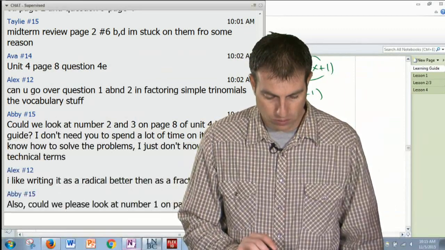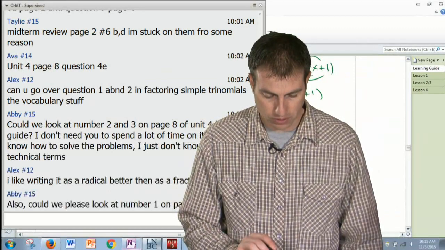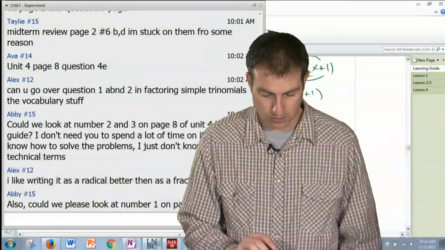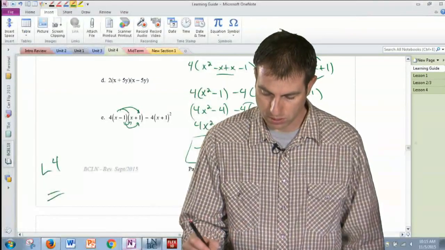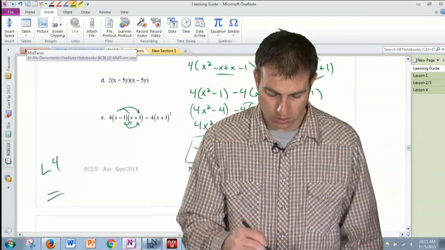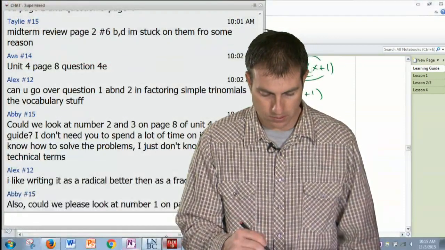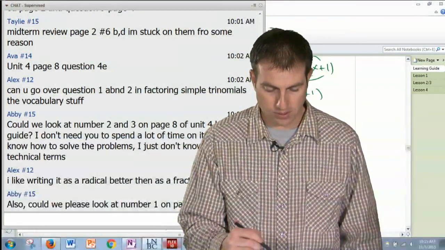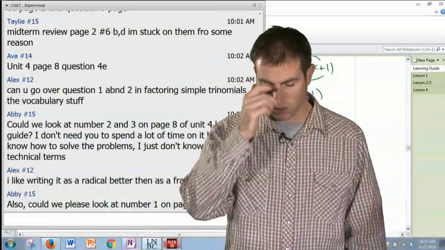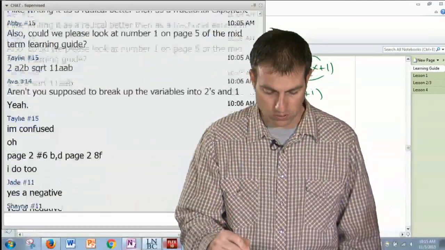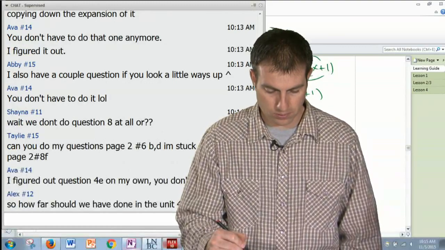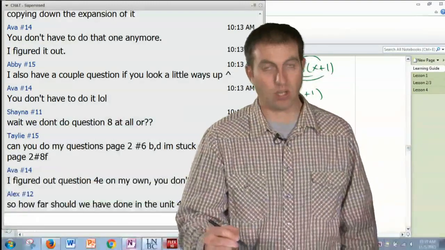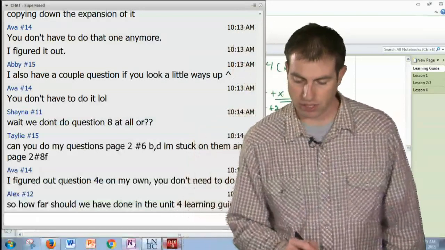For E, can you go over question 1 and 2 and factoring simple trinomials, vocabulary stuff? Sure. Alex, is that on the learning guide or is that on the Unit 4 stuff? Shane, I was talking about a different unit when I said don't do number 8, so ignore that.